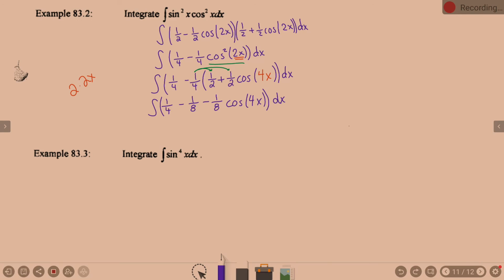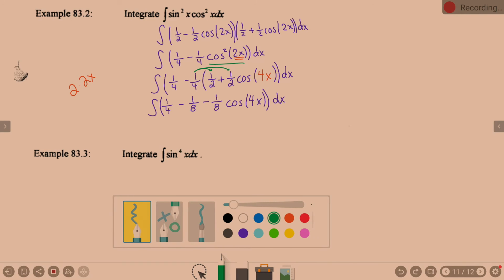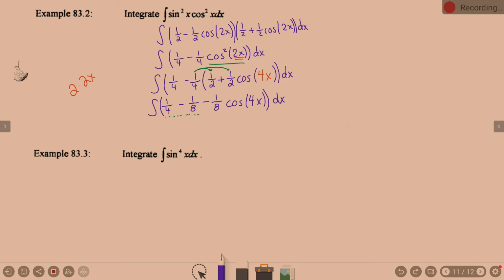If you want a step, you could collect your like terms right here. What is 1/4 minus 1/8? Which would reduce to 1/8.